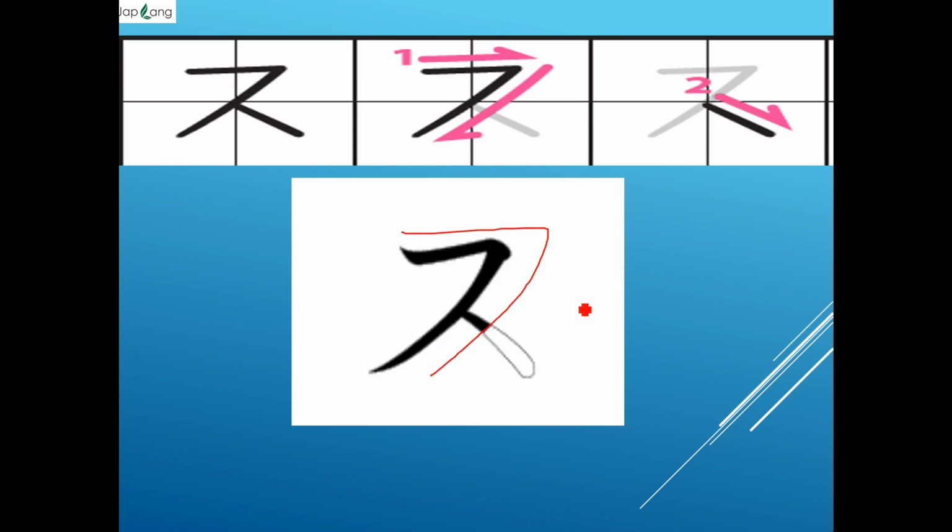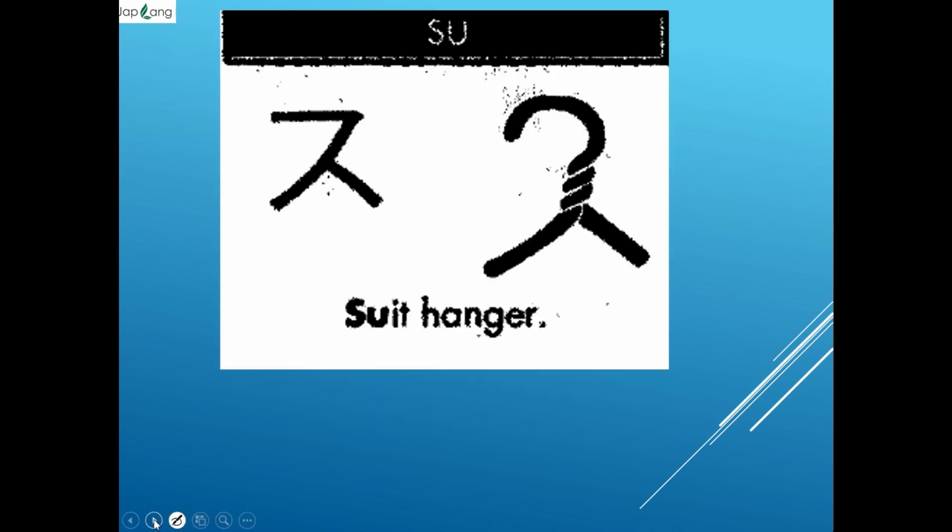We have only two strokes. You can also relate it with a suit hanger, where we hang our clothes. So you can see the suit hanger.